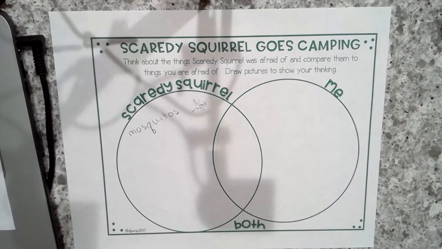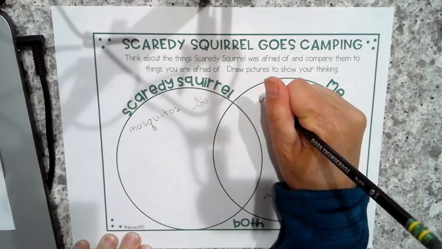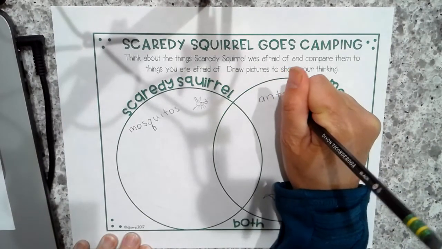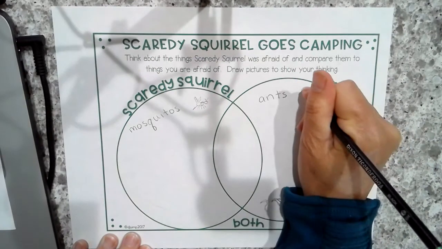Another thing that I was thinking about is, I'm not scared of mosquitoes, but weirdly, I'm scared of ants. And I'm not scared of like 1 or 2 ants, but I'm scared of when there's a whole bunch of ants, like a swarm of ants all together.